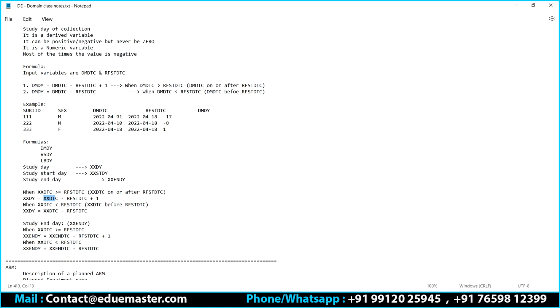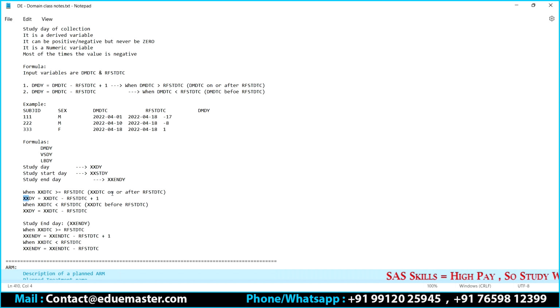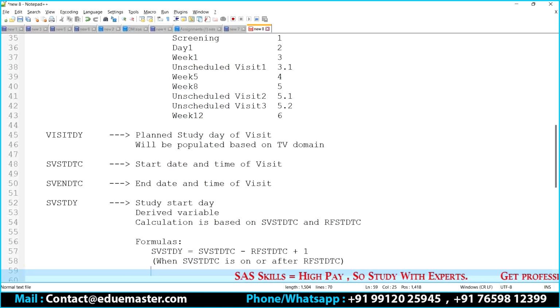If it is going to be a study start date, I mentioned already, if it is going to be subject visits, I can replace this XX with SV. The same thing we are doing here, if this start date and time is on or after your treatment.